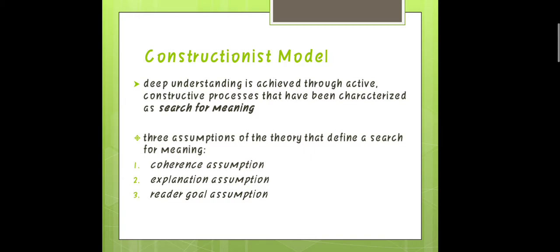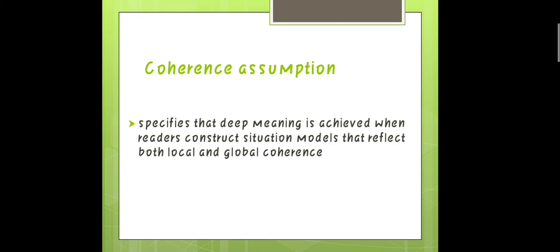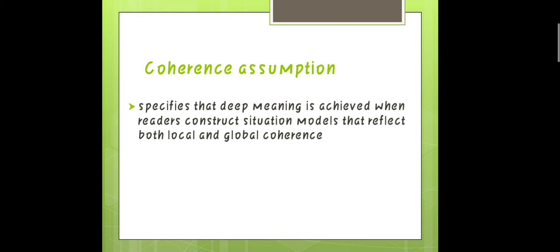Let's first have the coherence assumption. For the coherence assumption, it specifies that deep meaning is achieved when readers construct situation models that reflect both local and global coherence. This assumption can be in line with problem-based learning.